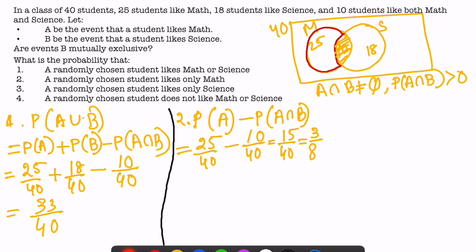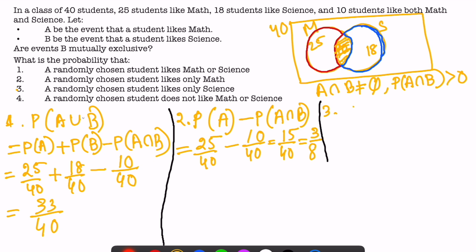Next we have this one. A randomly chosen student likes only science, means we have to calculate the probability of this part. So that is the probability that the student likes only science but not maths.